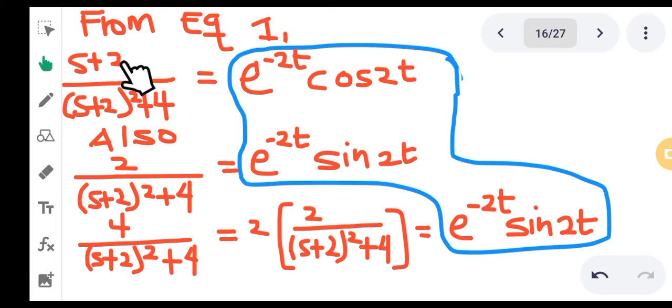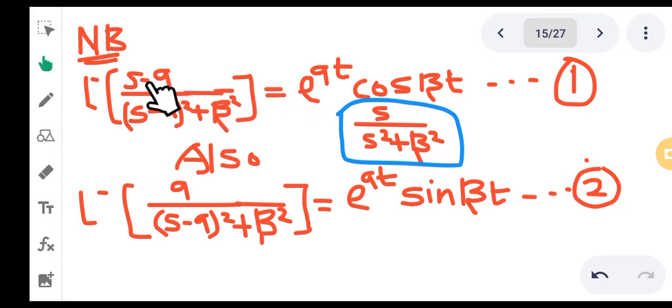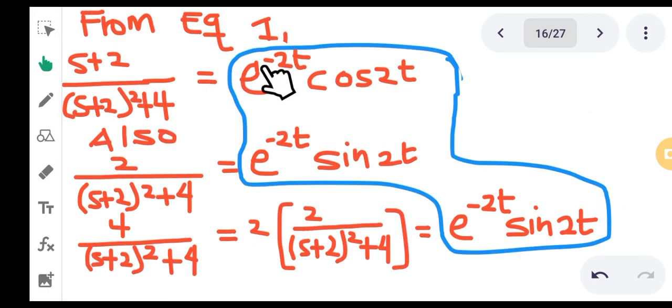The a is 2, but here it was negative, so it will make e exponent negative 2t, cos 2t.